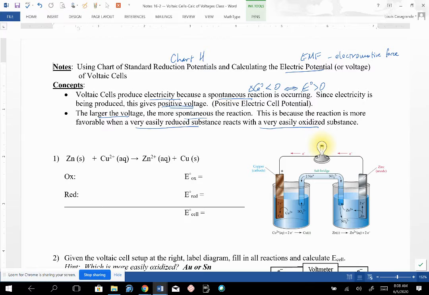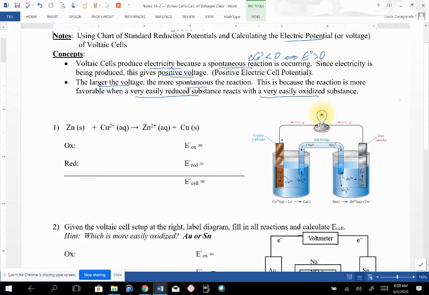So in example number one, we're going to look at the zinc and copper half cells to see how they work. We already know that this reaction from yesterday is a spontaneous reaction, and that the zinc is going to be oxidized to zinc 2+, and the copper 2+ is going to be reduced to copper metal.